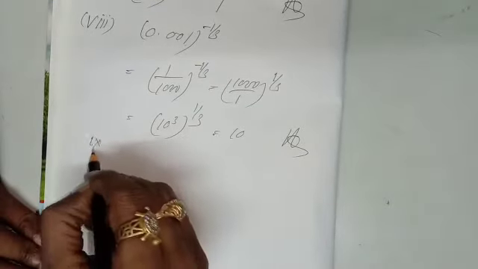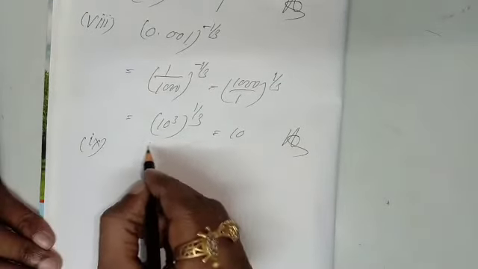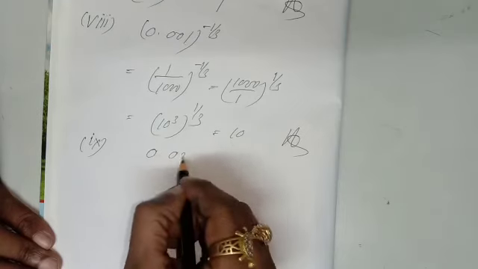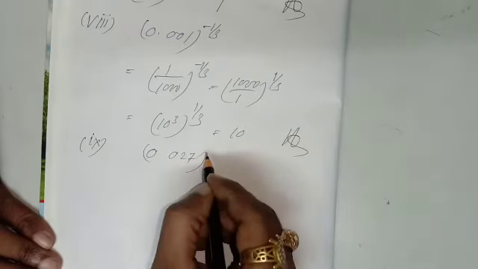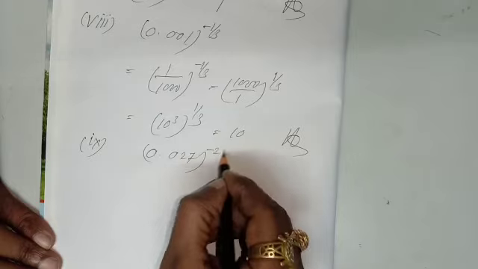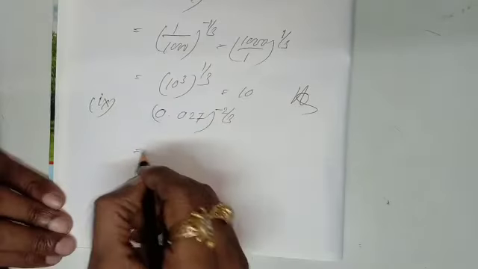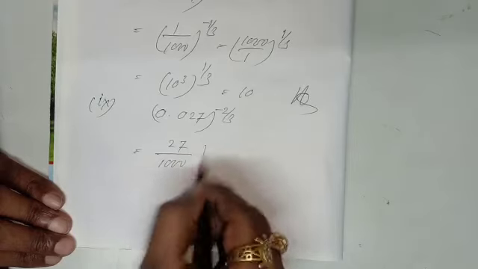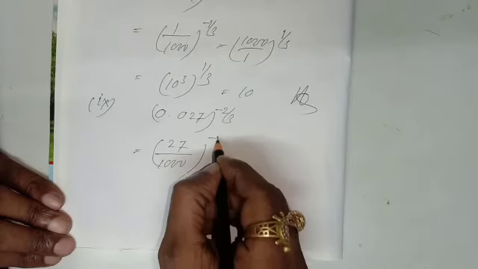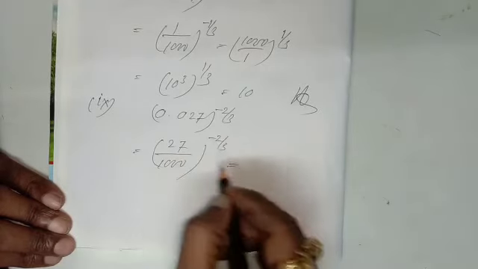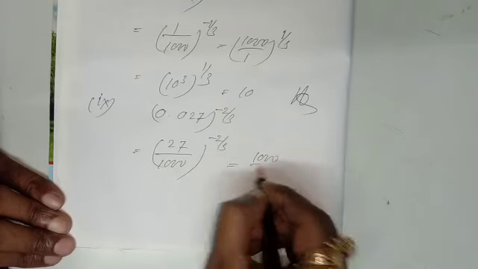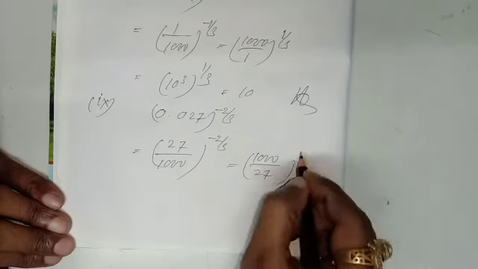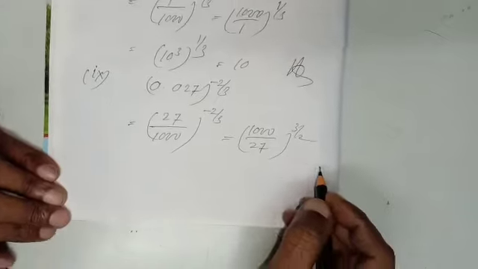Next, the 9th part, the last part of number 1. The question is given like this: 0.027 whole to the power minus 2 by 3. 0.027 means 27 by 1000 whole to the power minus 2 by 3. How will we make it a positive power? This will be 1000 by 27, and the power will be 2 by 3.